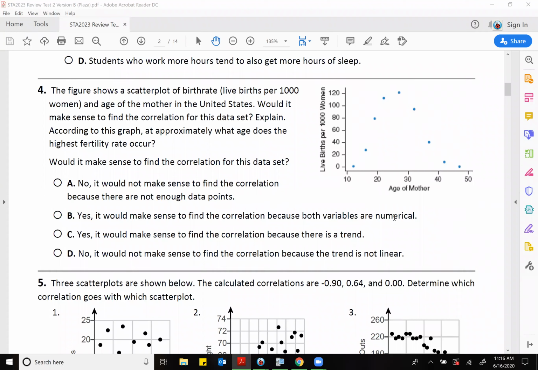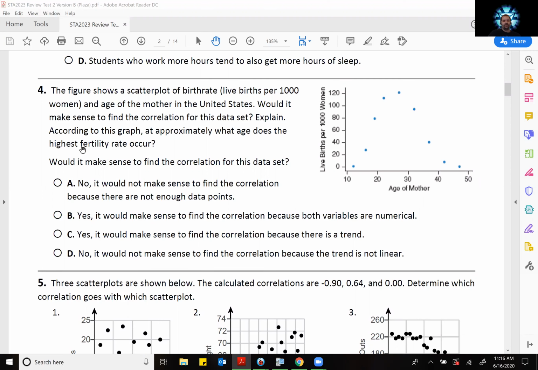Because there are trends. I mean, this thing looks very much quadratic in nature. So there are trends and there are regressions that we can map onto this. But for us, as statisticians, for what we're doing right now, it's linear only. Linear or nothing.